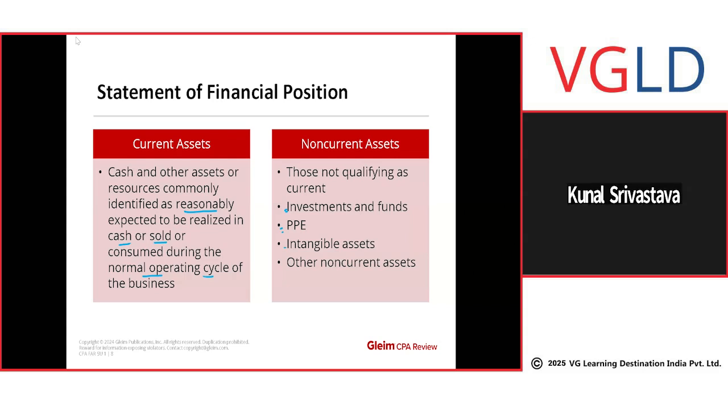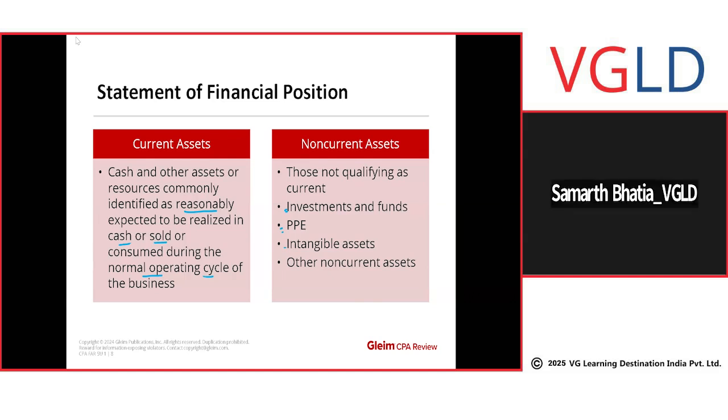I'm not exactly sure about the definition, but one thing is sure, that the operating cycle may be more than 1 year, and in that case, I think the asset can be classified as a current asset if the operating cycle is more than 1 year.